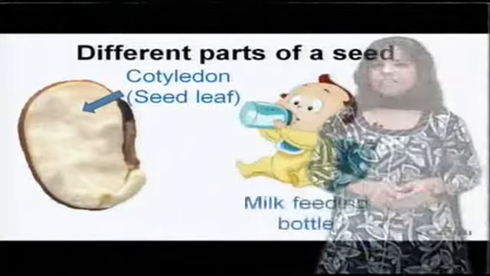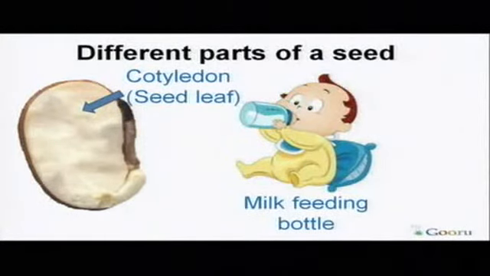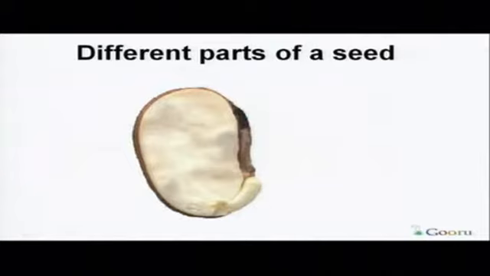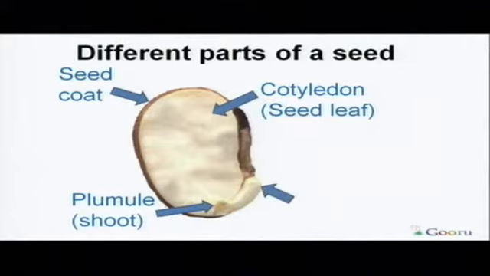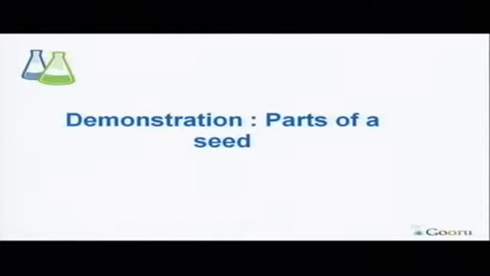We can compare this to the milk feeding bottle of a baby, wherein the baby gets the temporary nourishment through the milk bottle. So we learnt just now the four parts of a seed: seed coat, cotyledon and plumule. Plumule is a shoot of the plant and it contains the first leaves of the plant, and the fourth part is radicle.